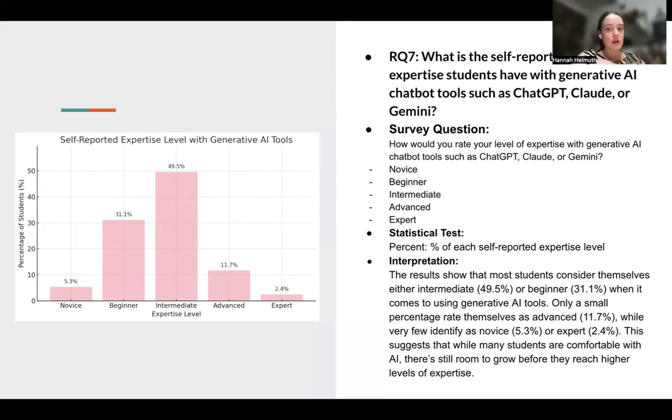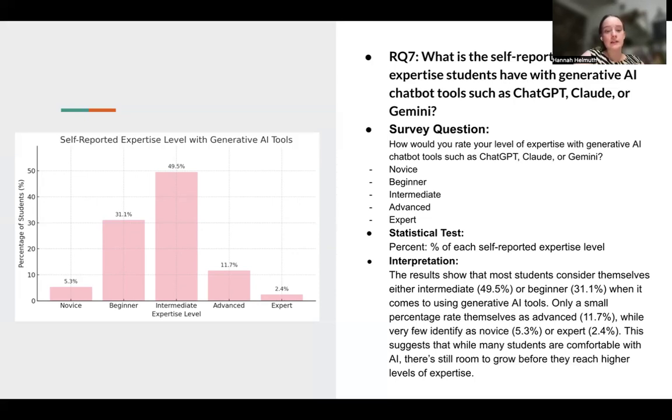Most students reported themselves as intermediate or beginner, and only a small percentage reported themselves as an advanced user or even an expert user.